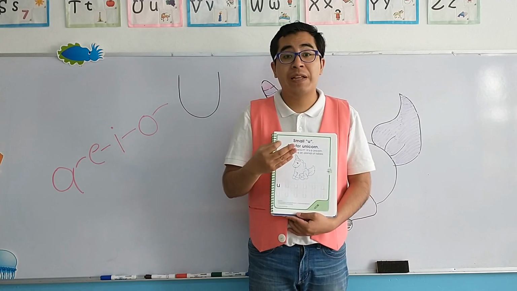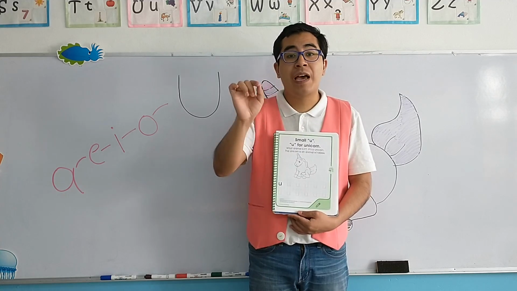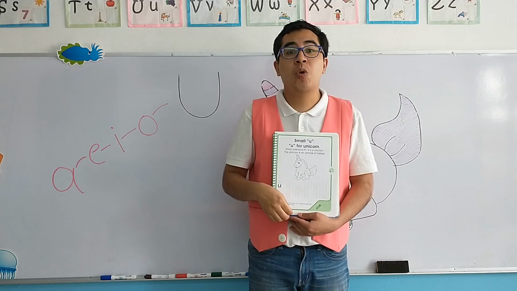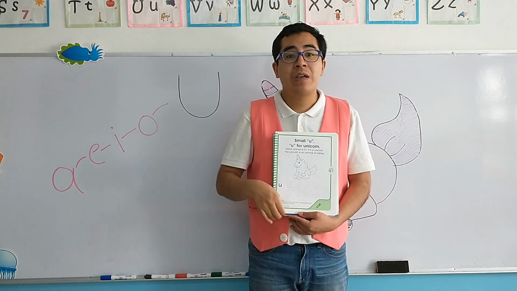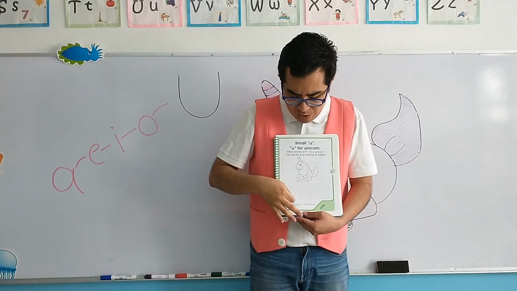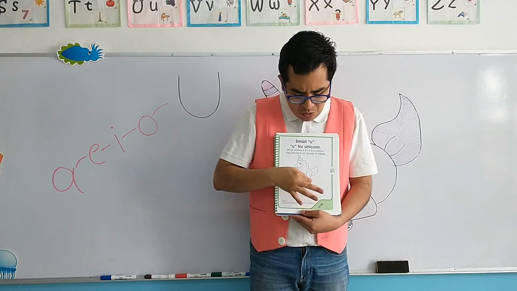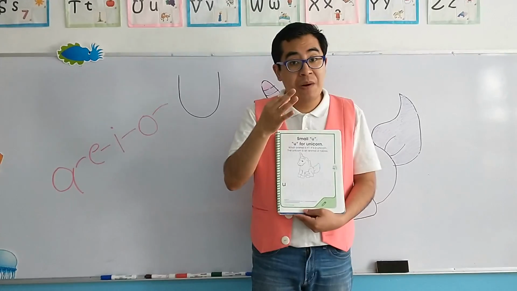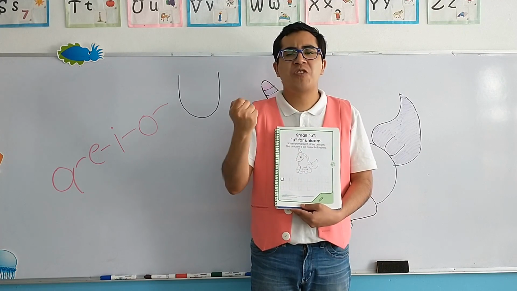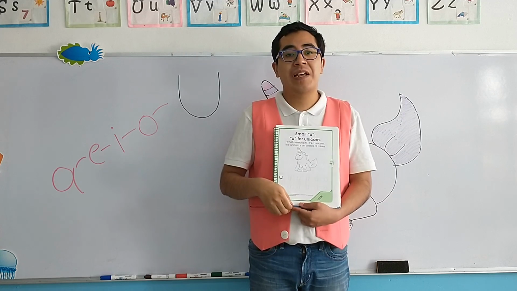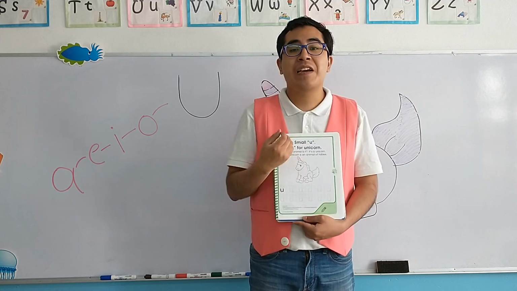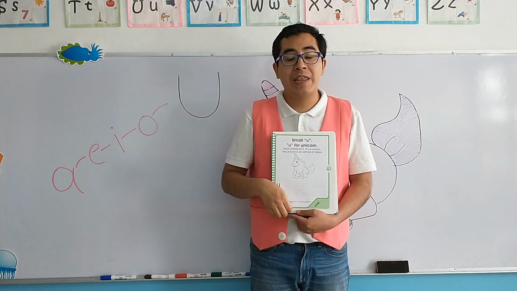Recuerden que es muy importante, mientras ustedes hacen el remarcado de la letra, decir su nombre para que de esa forma lo podamos aprender mucho más rápido. Small u, small u, small u. Remember, while you are tracing it, say the letter with all of your energy. Digan con toda su energía el nombre de la letra.